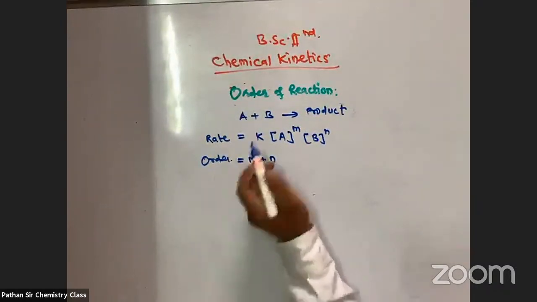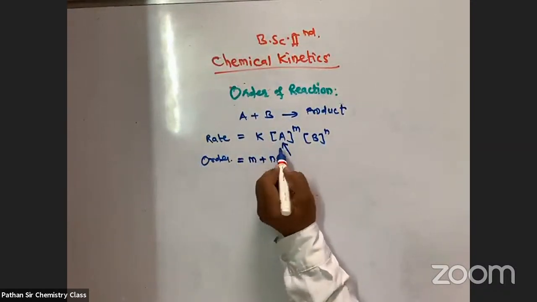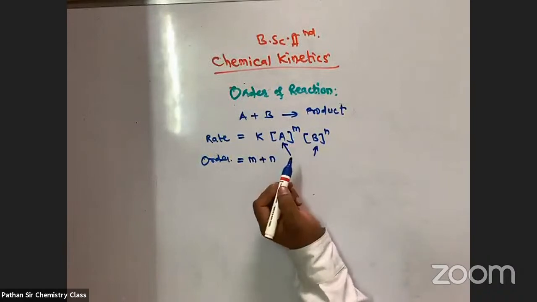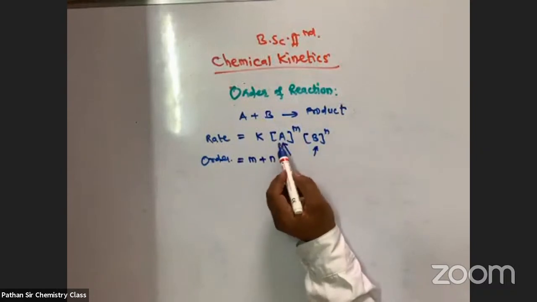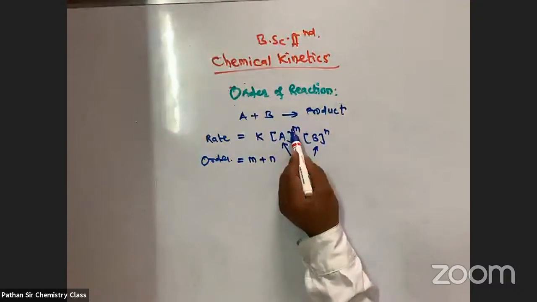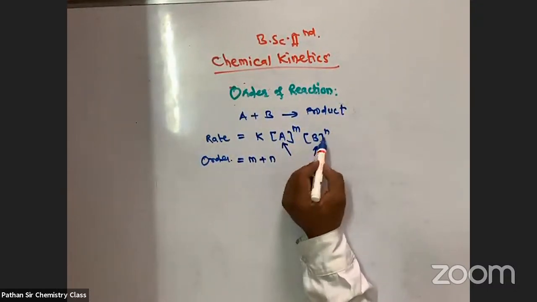Now you can also define order in terms of either A or B. The order of reaction can be explained in terms of A or B. Now see here, in this rate law, A is given power m, so the order of reaction with respect to A is m, and B is given power n, so the order of reaction with respect to B is n.